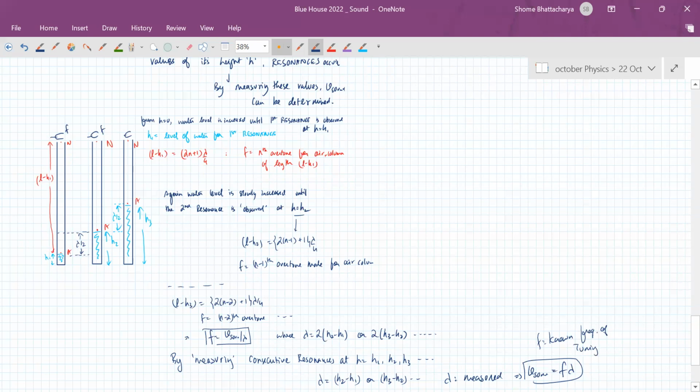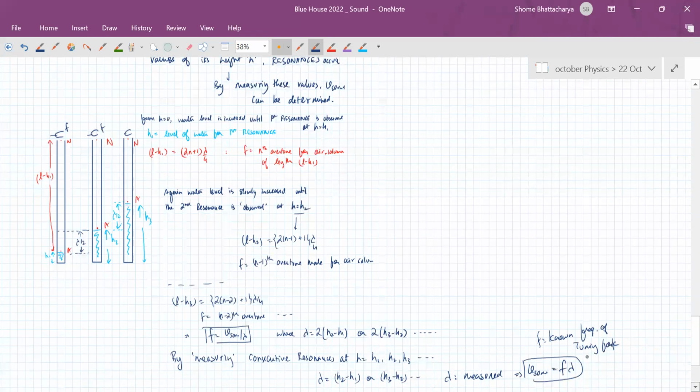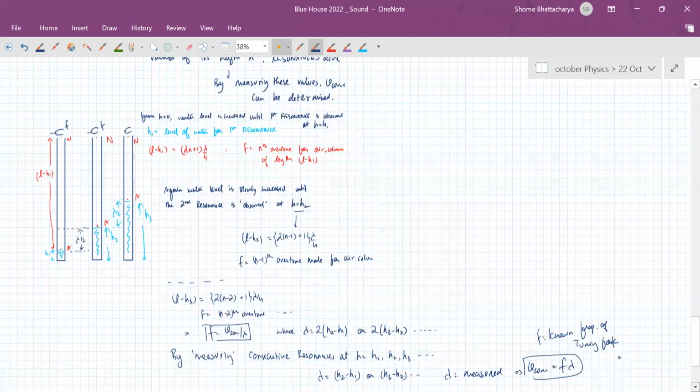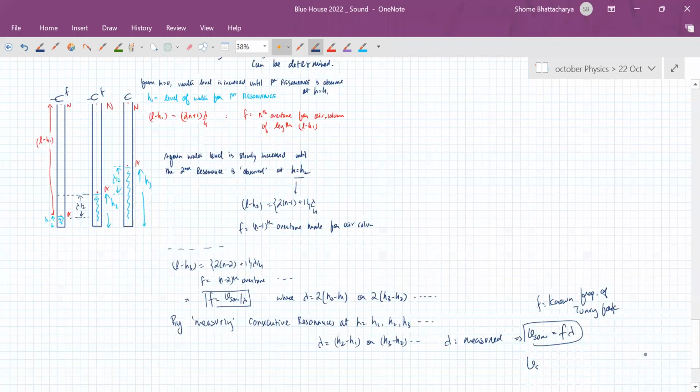So from this, the speed of sound is determined. This is the complete description of the resonance column experiment for measurement of speed of sound.